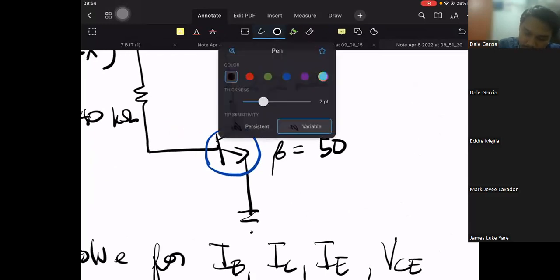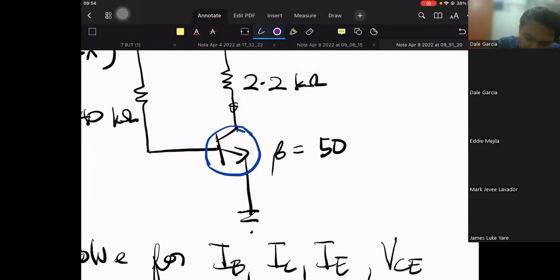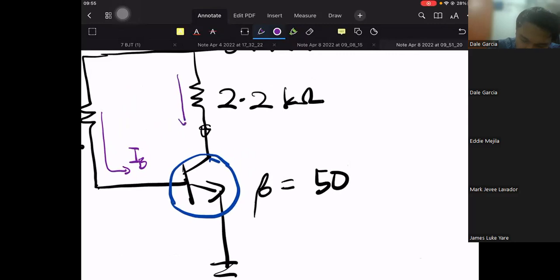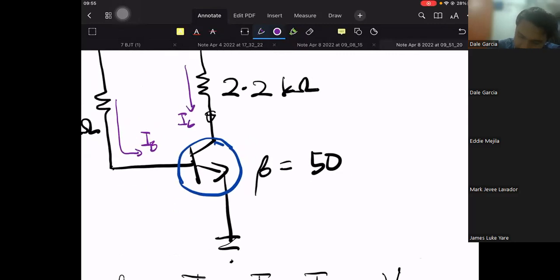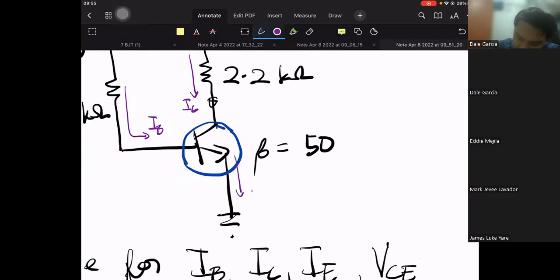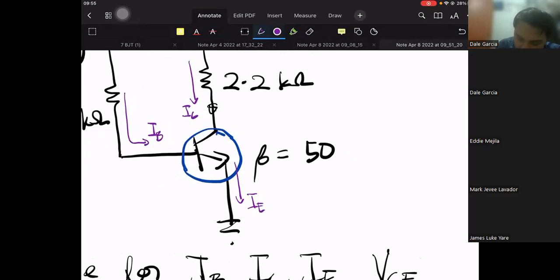This is IB. This is IC. This is IE. And from collector to emitter, this is the collector, and this is our emitter. That is where we measure VCE.